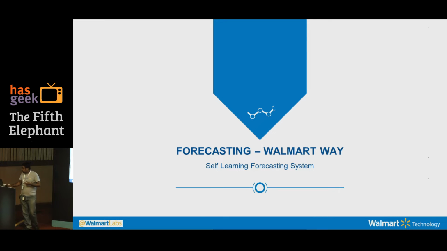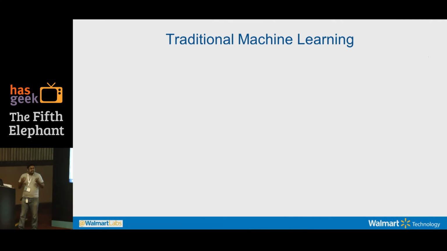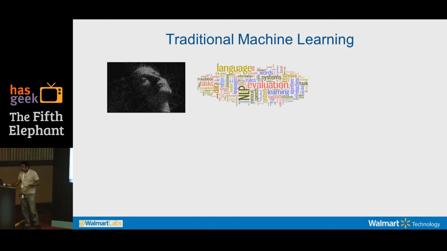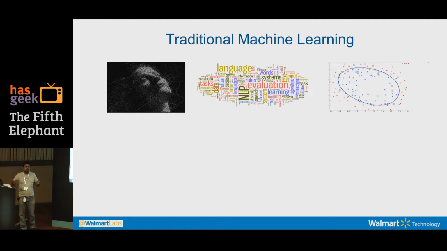Before we go into the forecasting system, let me talk about traditional machine learning, when a machine starts to learn on its own. Whenever we talk of traditional machine learning, be it as complex as image processing, facial recognition, any kind of pattern recognition as a whole, or natural language processing, where we evaluate our natural languages and make computers understand what we speak, or if we try to build a system that just distinguishes between two types of customers, this is where traditional machine learning usually revolves.